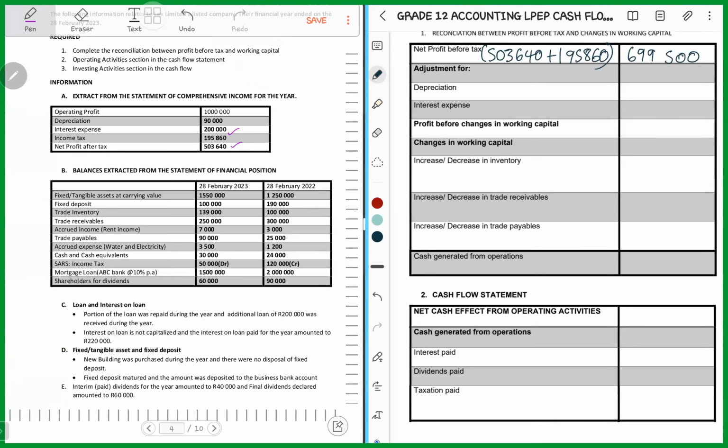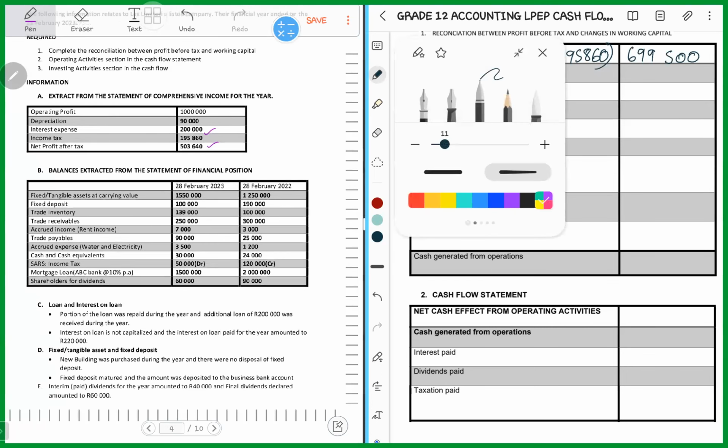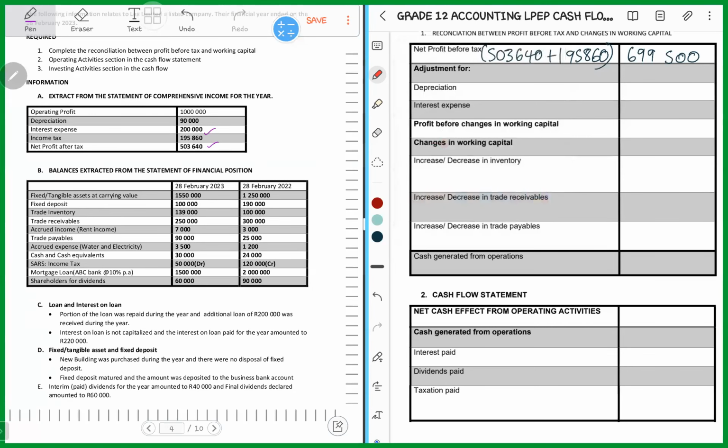Remember, we still have to adjust our profit. They are saying depreciation. The question is, where are we going to find the depreciation? We're going to find it from the statement of comprehensive income. It's 90,000 here, so we're going to add back the 90,000. Then we also want the interest expense. Where are we going to get it?